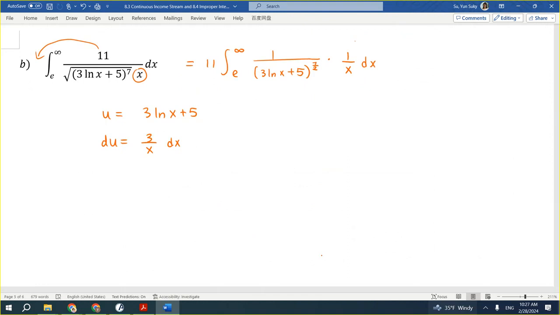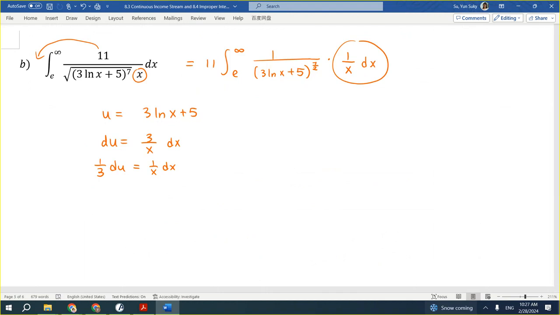Okay, look at this. My problem, I have 1 over x dx. That is how many du? 3 du or 1 over? Yeah, 1 over 3 du. Yes, everybody?